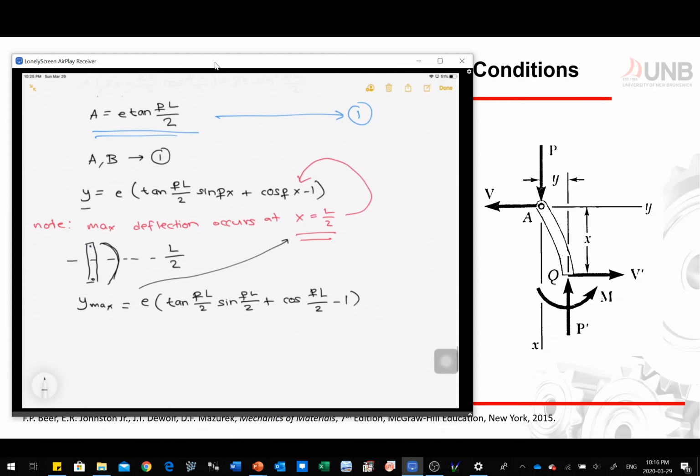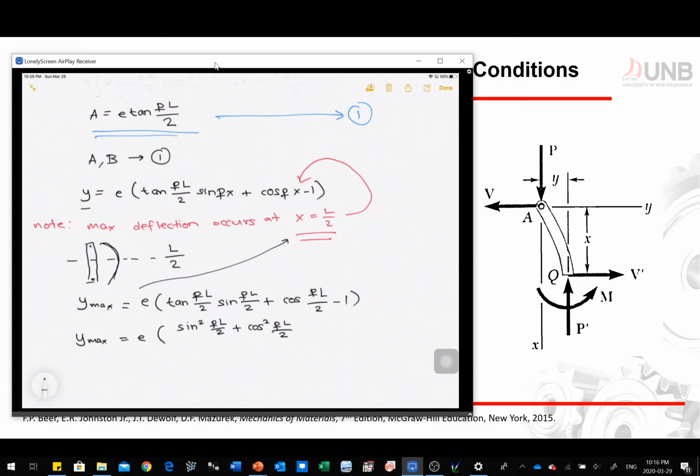So y max is equal to E times sine squared pL over 2 plus cosine squared pL over 2, divided by cosine pL over 2, minus 1. We can have this form as well.